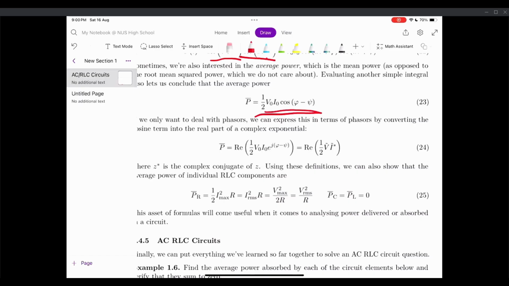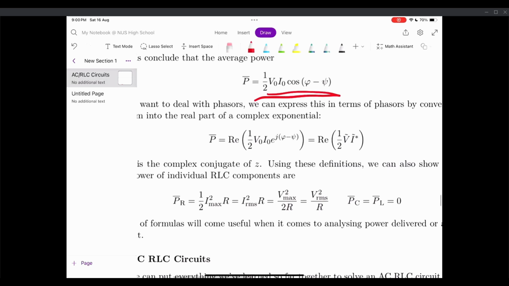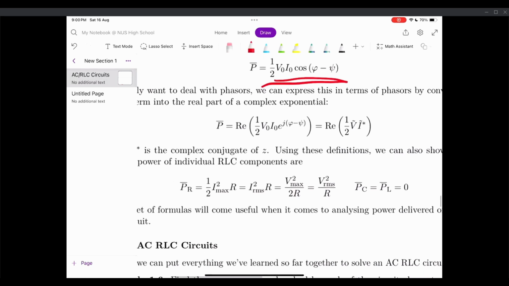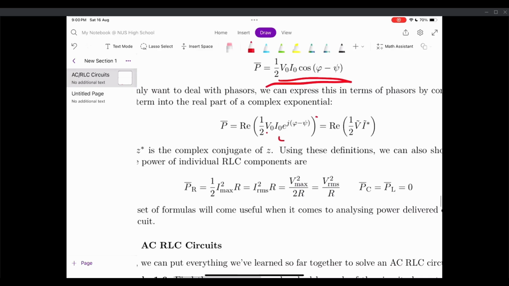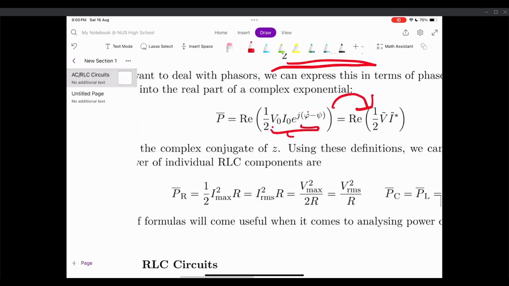Another thing I like to use is the phasor expression, because if we take this and convert it to a complex exponential, we get this expression. How we get from this expression to the other one is that you can split this term by your exponential properties.